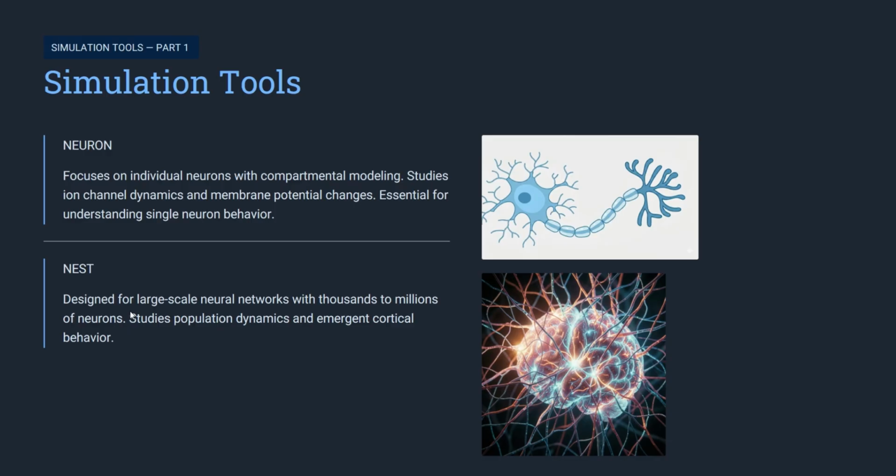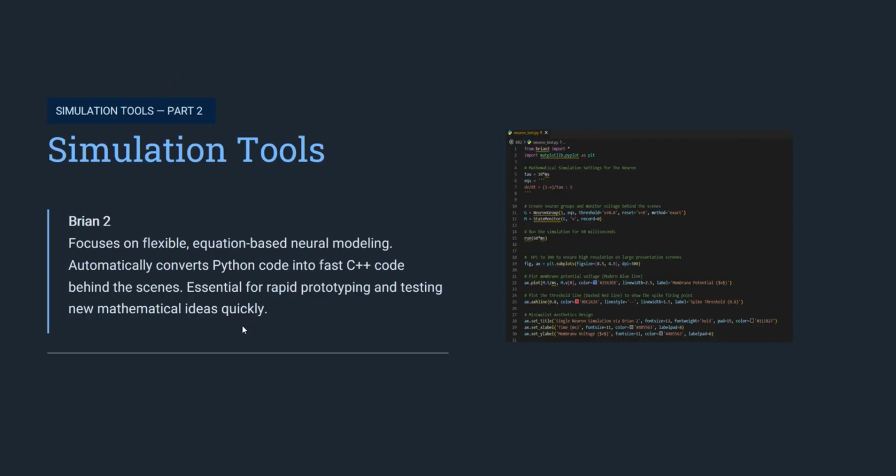In short, one for the pixel, one for the object. The third engine we'll talk about is called Brian 2. Here we can write the code using mathematical equations in a library and automatically convert the code into C++.